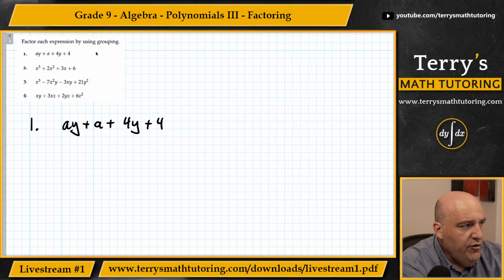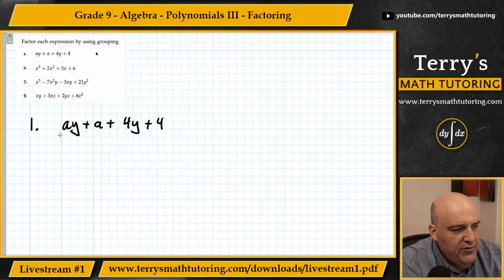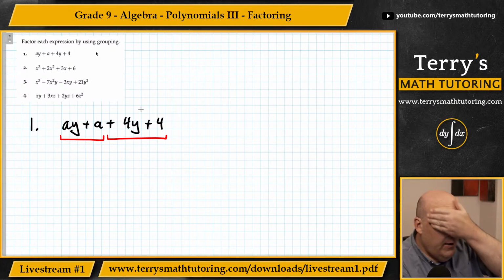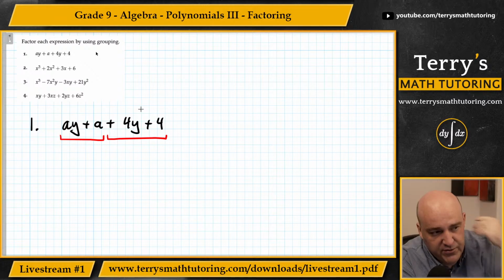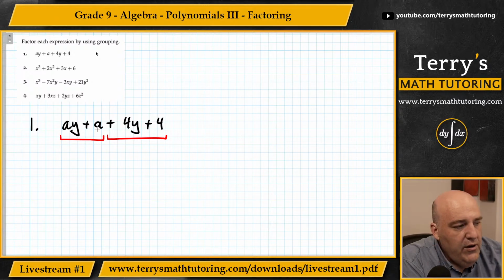The technique of grouping is we look at these in pairs. So we look at the first 2 terms and then the second 2 terms. Since there's going to be 4 terms in grouping, we can think of this as 2 pairs with two each.